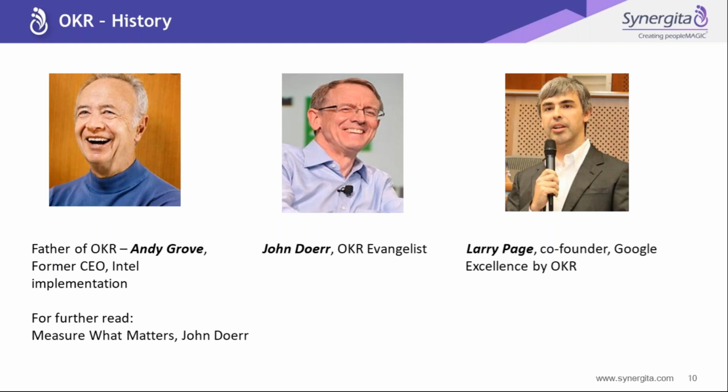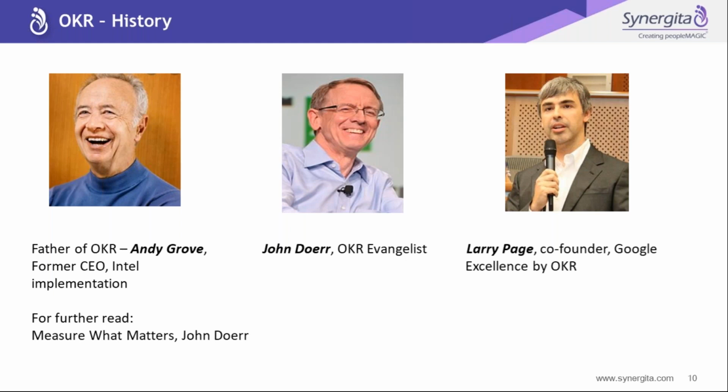John Doerr picked it up as a disciple of Andy Grove and worked further on it. For over a decade, he has been working with different organizations, starting with Google, where OKR was implemented when Google had about 70 employees.